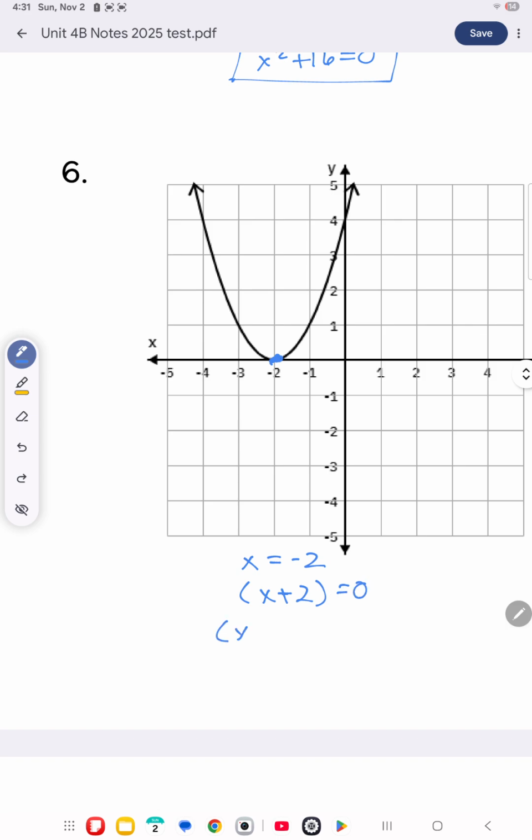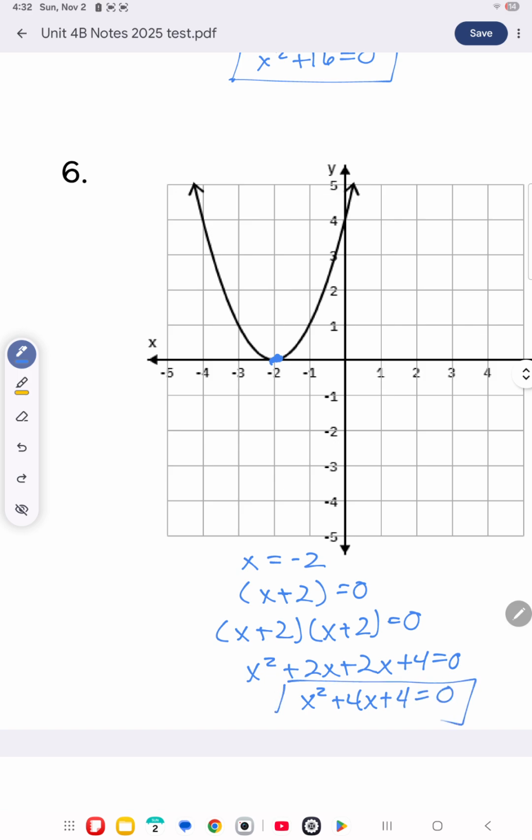Now, because it's a quadratic, that means this is a double root. So I have x plus 2 times x plus 2 is equal to 0. That's going to give me x squared plus 2x plus 2x plus 4 equals 0, or x squared plus 4x plus 4 equals 0. All right? So just be careful of those double roots.